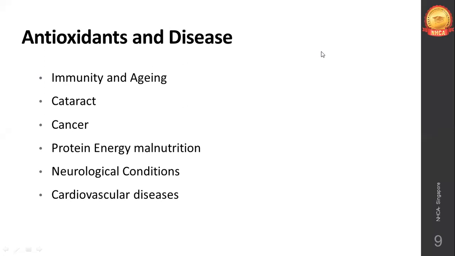Then coming to protein energy malnutrition, there are three main types: marasmus, kwashiorkor, and marasmic kwashiorkor. There are certain theories, we do not know for sure, which say that when there are high blood cortisol levels, cortisol can also act as a free radical.